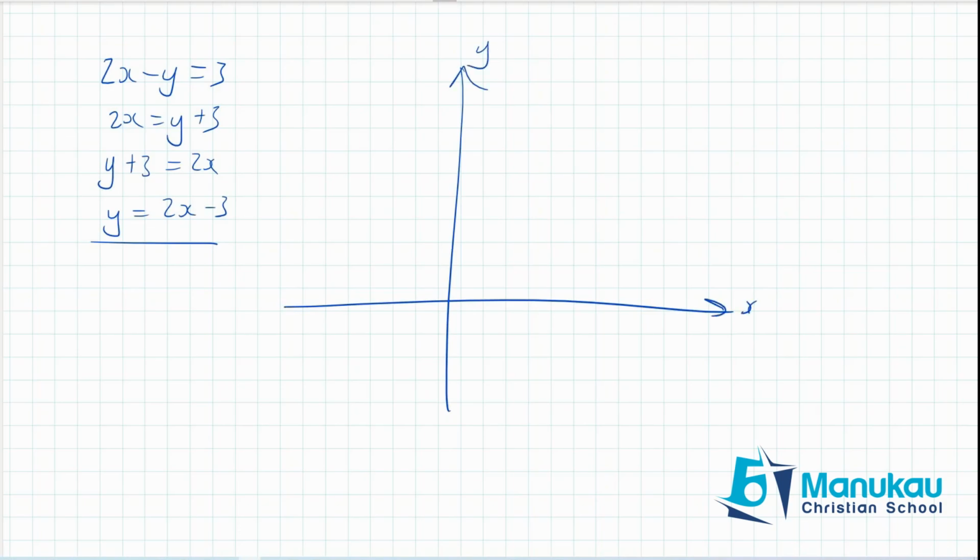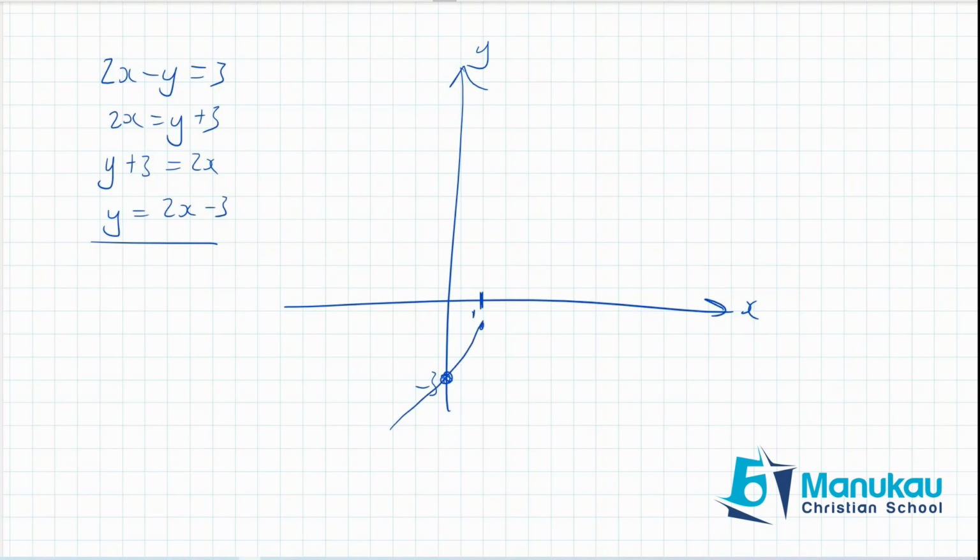Here's my y-axis, here's my x-axis. I know that I have negative 3 here. And I know my gradient is 2. And what do I have when x is 1? Let's call this 1 here. 2 times 1, so I'm going to have minus 1. So I'm going to be somewhere here.